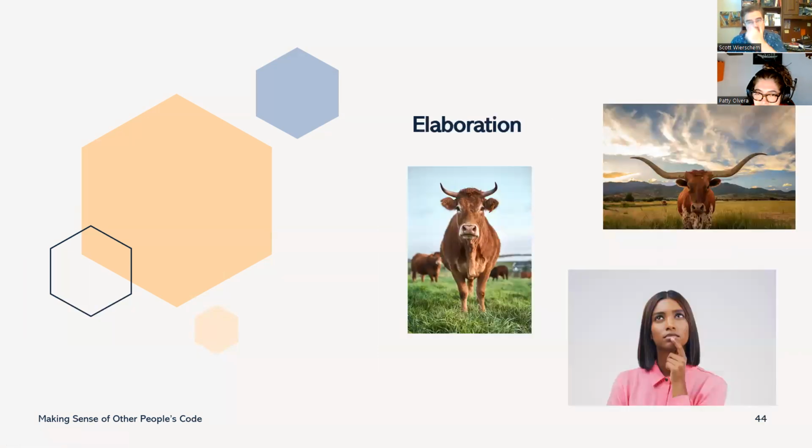All right, so there's another concept called elaboration, where we don't necessarily remember things exactly as they are. In that model of our brain, there's a filter of things that come in.